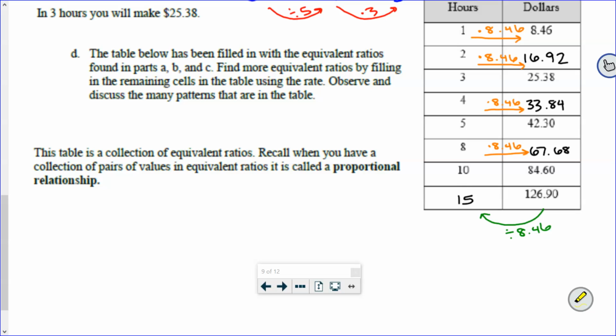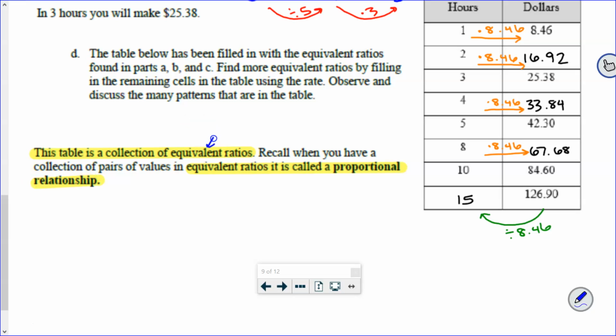And now we're going to highlight a little bit. So get out those highlighters. If you don't have highlighters, just underline. Do it quietly because I'm going to keep on talking. This table is a collection of equivalent ratios. And we've already been through this and talked about this. When we have a collection of equivalent ratios, that's called a proportional relationship.